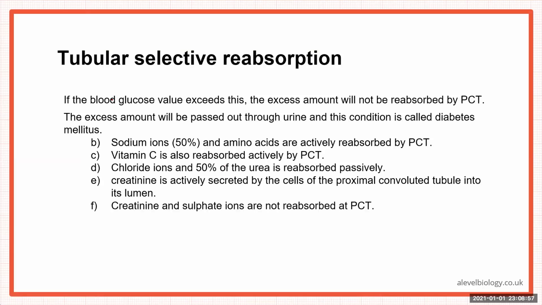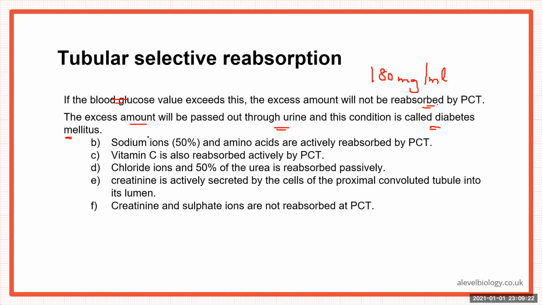If the blood glucose value exceeds this, the excess amount will not be reabsorbed. So the excess will be passed out in the urine, and this condition is known as diabetes mellitus, because normally glucose is never present in the urine.